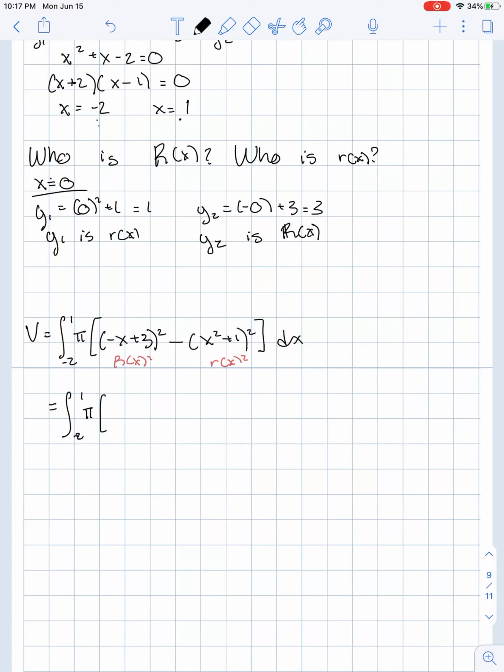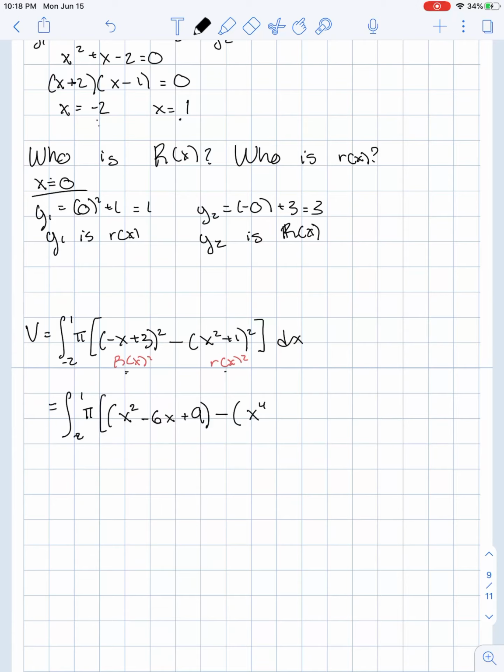So negative x plus 3 squared is going to give me x squared minus 6x, yeah, 2ab, plus 9, minus, keep your parentheses because that minus is going to distribute. Biggest mistake is getting the integral right, even after getting these r's right.